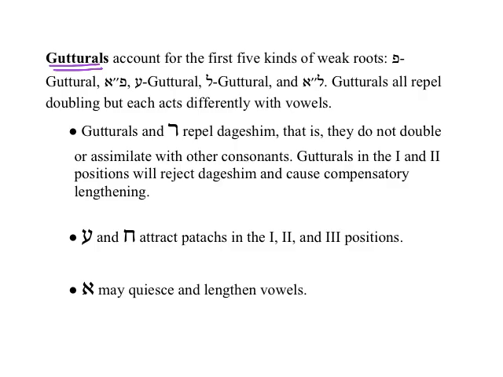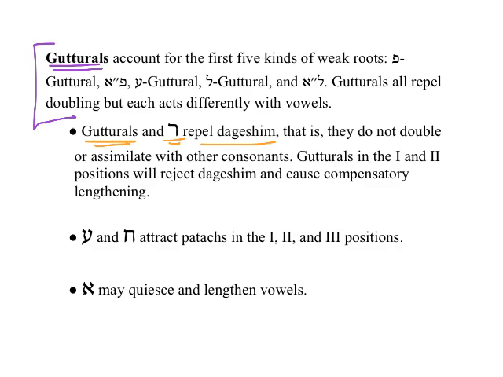So each of the 5 normal kinds of weak verbs that have gutturals, there are certain things that we can count on in them, because gutturals have certain characteristics that they share in common, especially the fact that gutturals and resh repel dagashim.